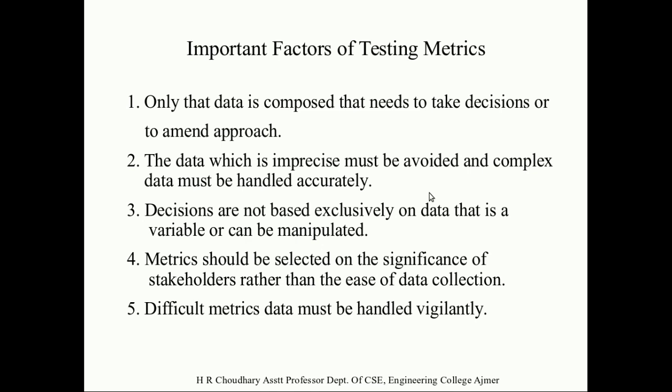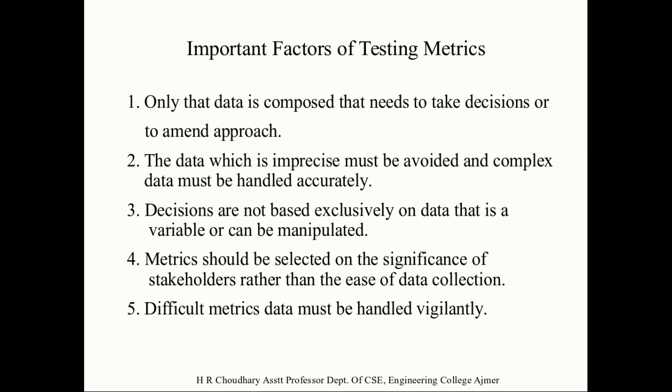The third important factor: decisions are not based exclusively on data that is variable or can be manipulated. So definitely it is true. The fourth factor is that metrics should be selected on the significance to the stakeholder rather than the ease of data collection.